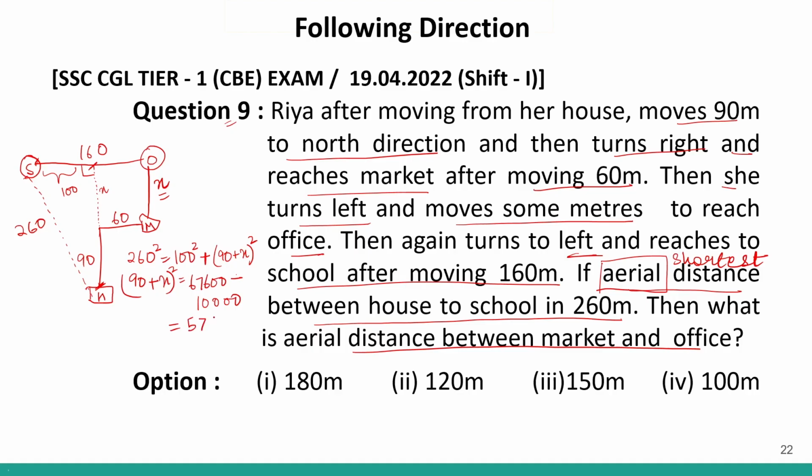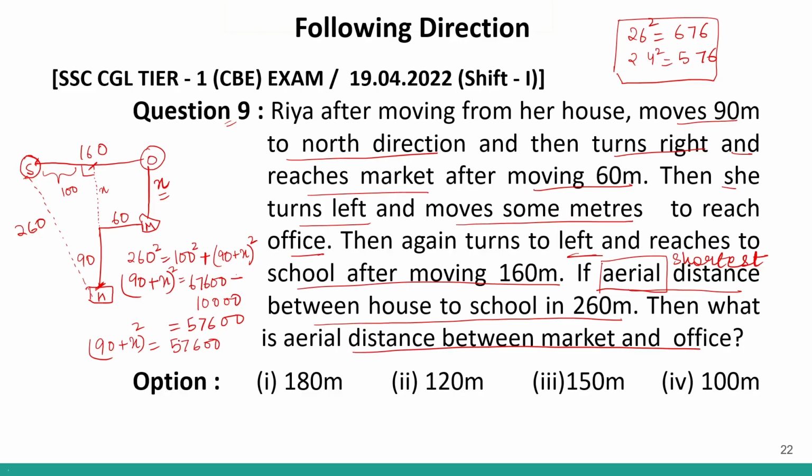This is 57600. So let me tell you, 26 square is 676. Similarly, 24 square is 576. So this much you should know. Now, 90 plus x square will be 57600, correct?